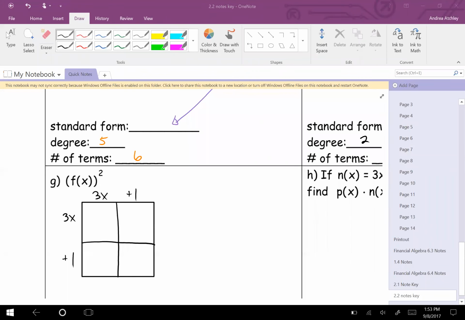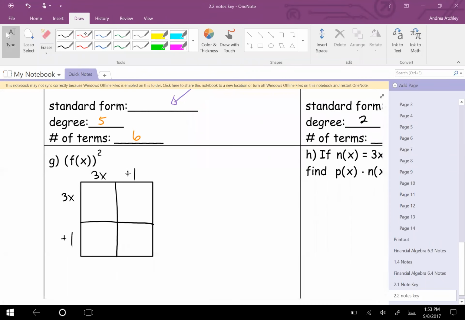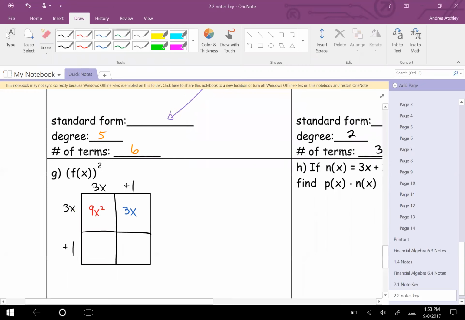Okay, let's multiply. So the 3x times the 3x is the 9x squared. The 1 times the 3x is 3x. The 3 times the 1 is 3x. And the 1 times the 1 is 1.